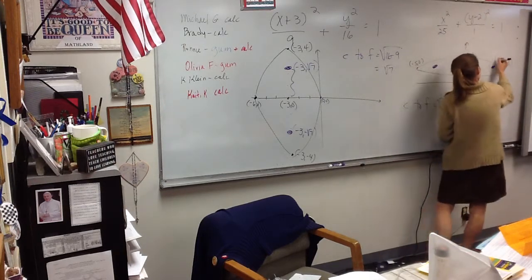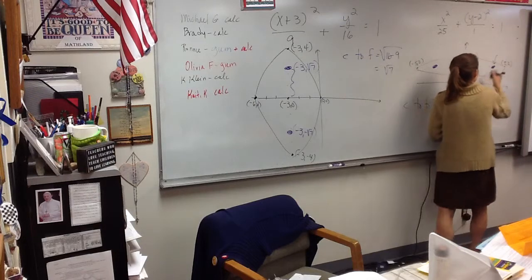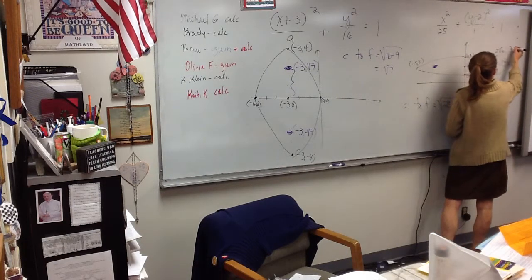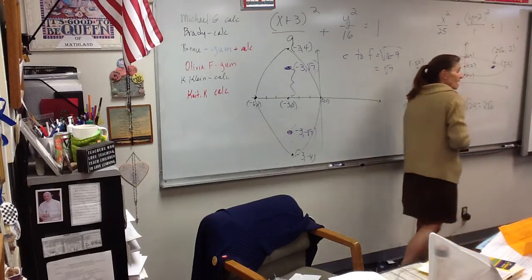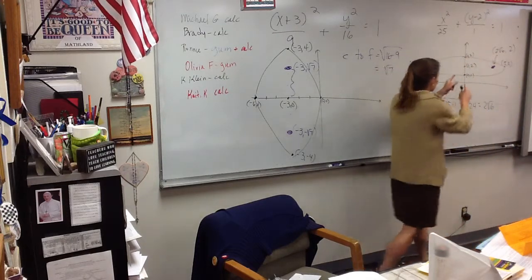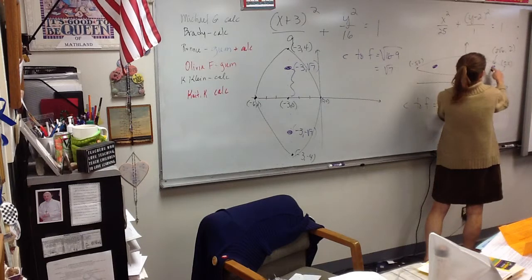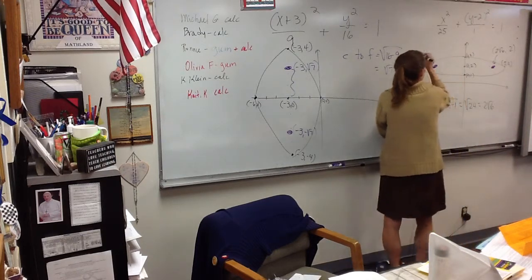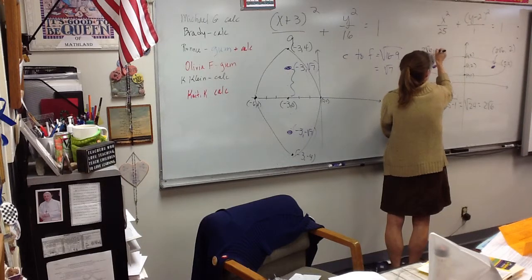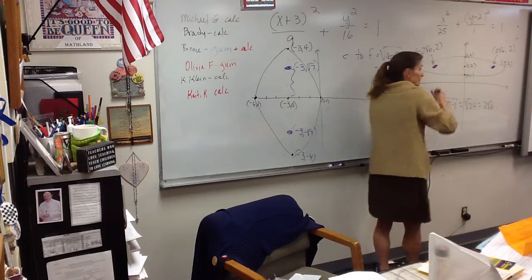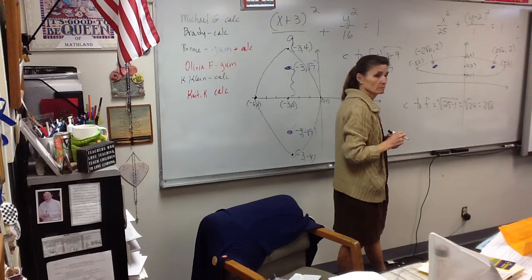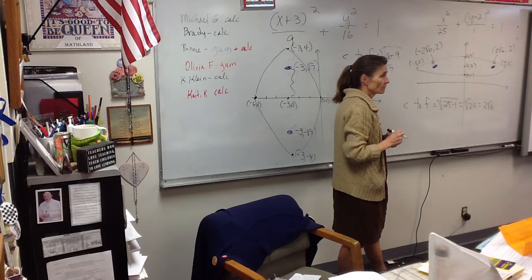So what will be the coordinates of this point? 2 root 6, comma, 2. Starting here and going forward 2 root 6. What will be the coordinates of this point? Negative 2 root 6, comma 2. Right?